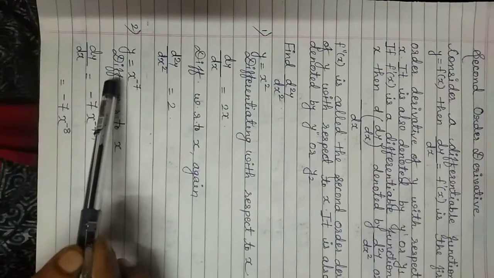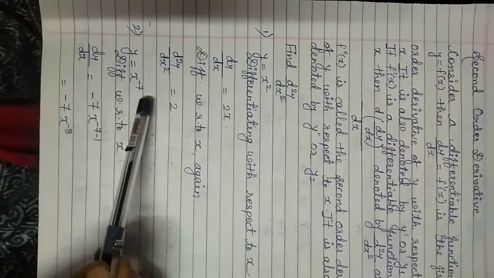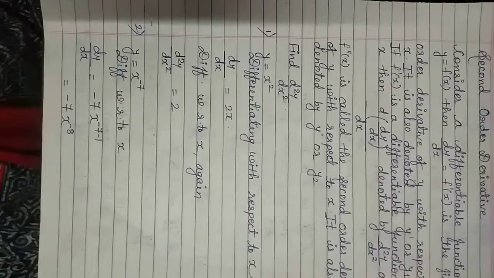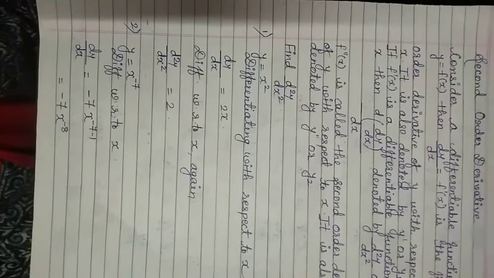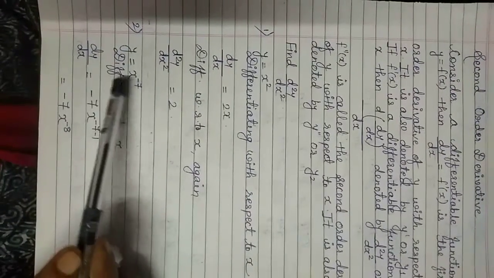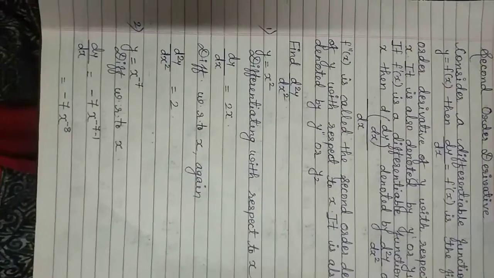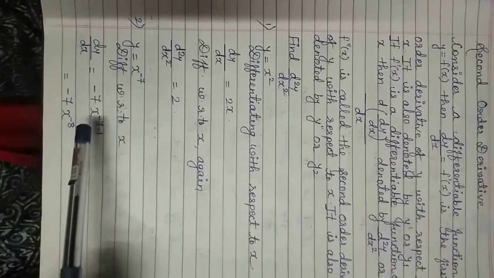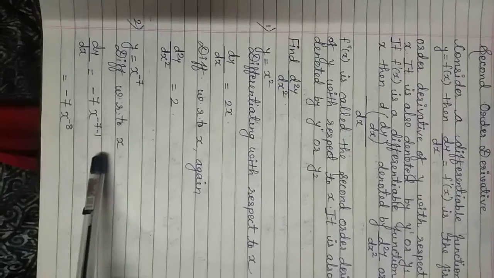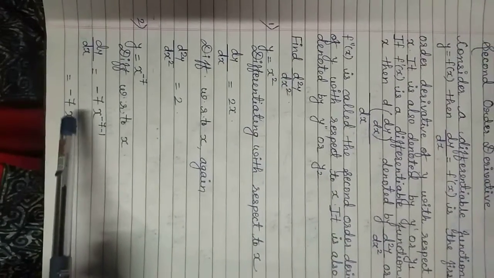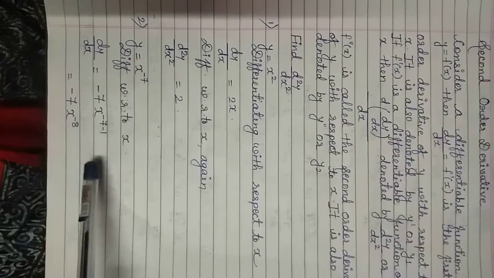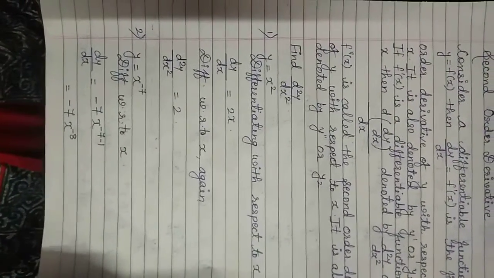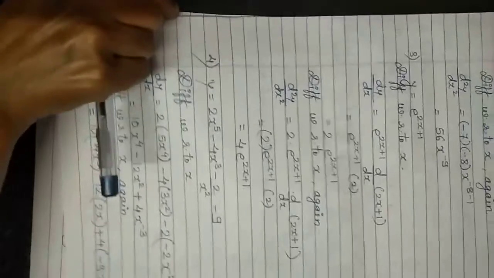Second, y is equal to x raised to minus 7. Now differentiating with respect to x, dy by dx is equal to, by using the formula of x raised to n, n into x raised to n minus 1. So minus 7 into x raised to minus 7 minus 1, that is minus 7 into x raised to minus 8. Now this is the first order derivative. Again we will differentiate this with respect to x.